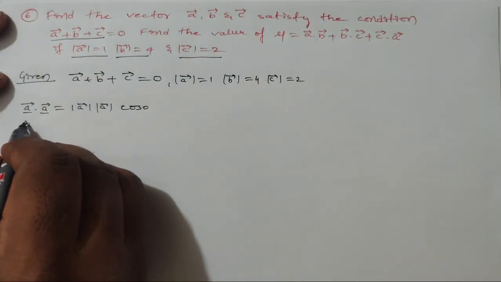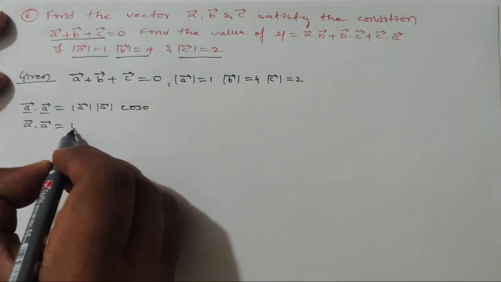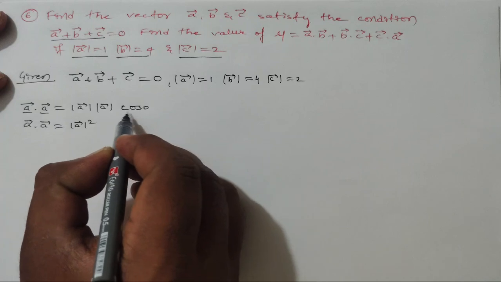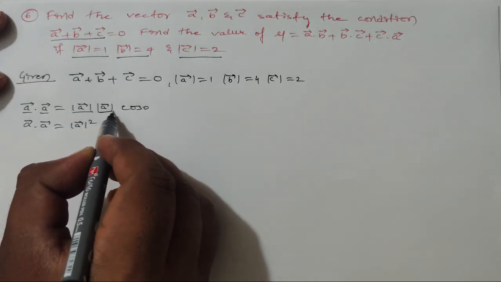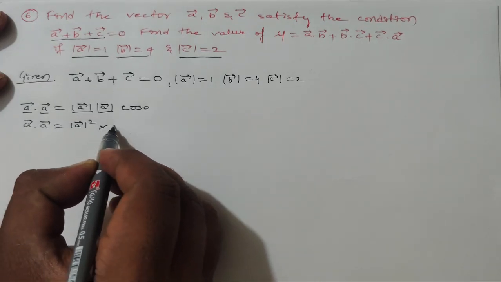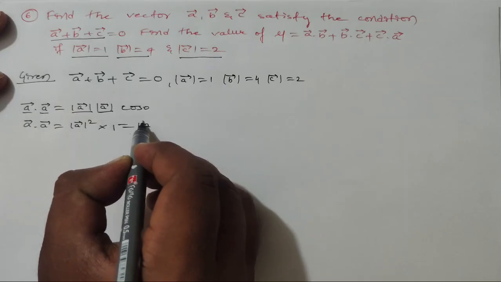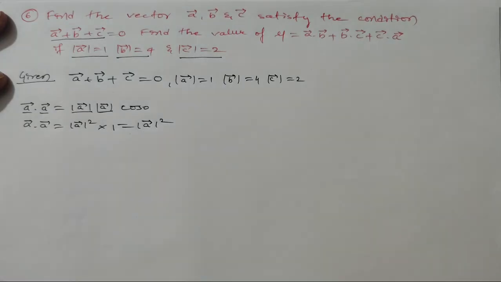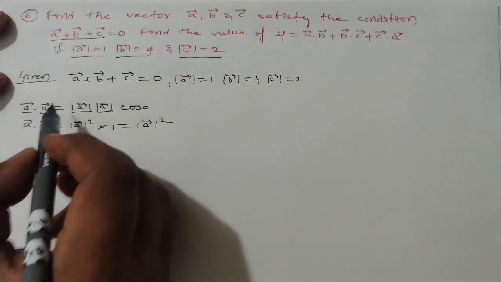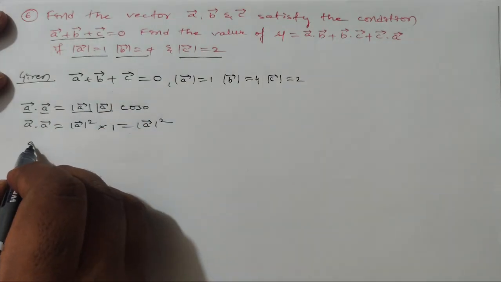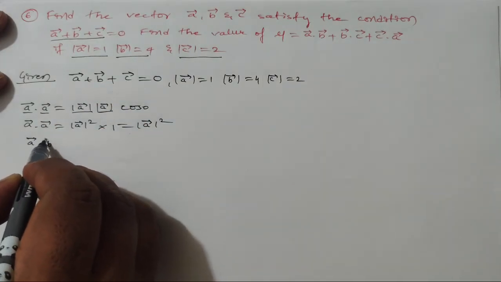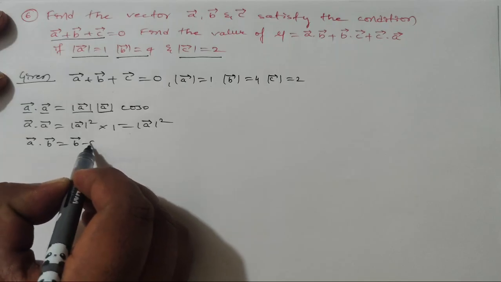So a vector dot a vector is equal to magnitude of a square. Cos 0 value becomes what? Magnitude of a into magnitude of a is magnitude of a square. Cos 0 value is 1. That is equal to magnitude of a square. Okay, similarly see here. So okay, you know the commutative law, a vector dot b vector equal to b vector dot a vector.